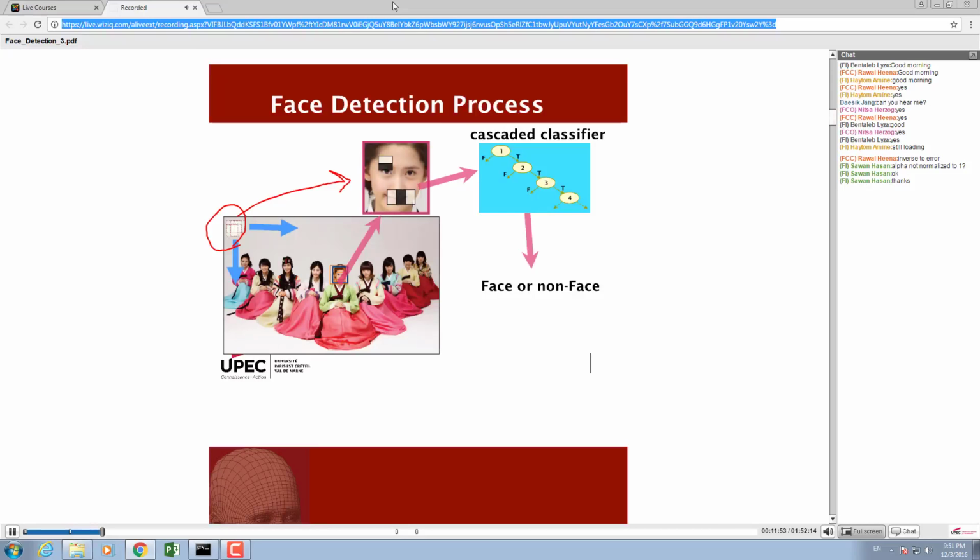If this small rectangle is a face, then we can say this area is a face. So this is detection, right? Finally, we will apply the final cascaded AdaBoost classifier to every window.